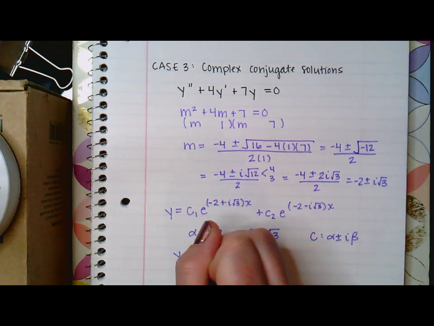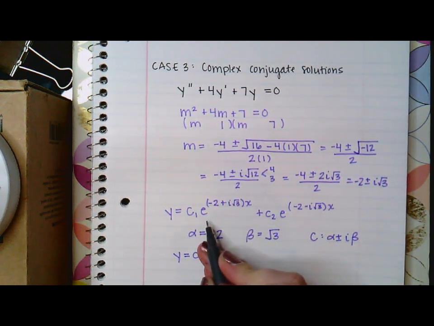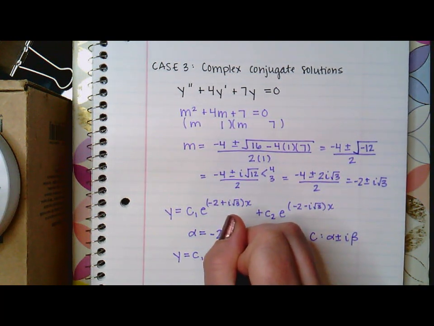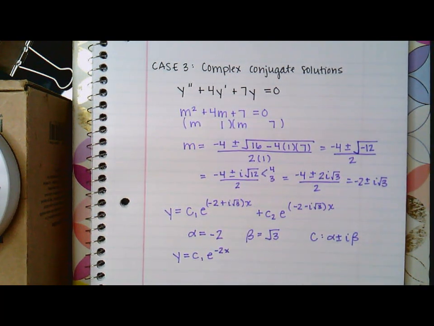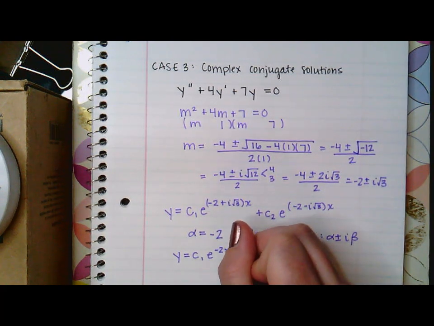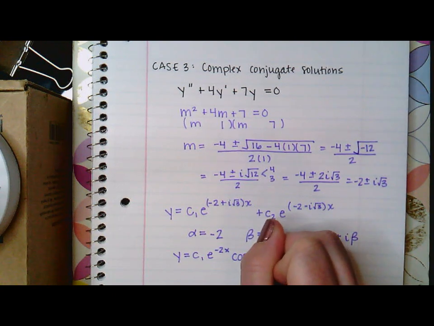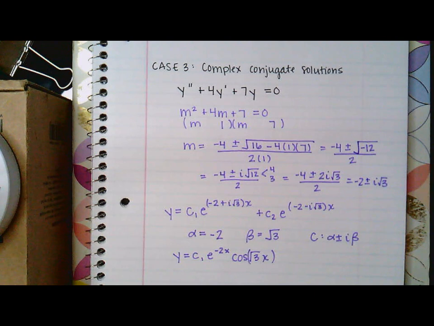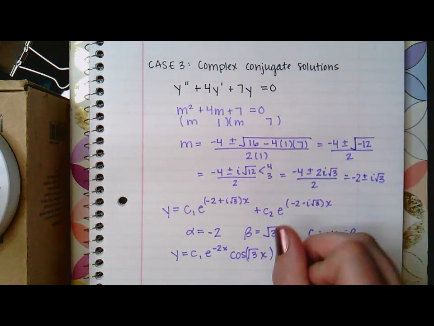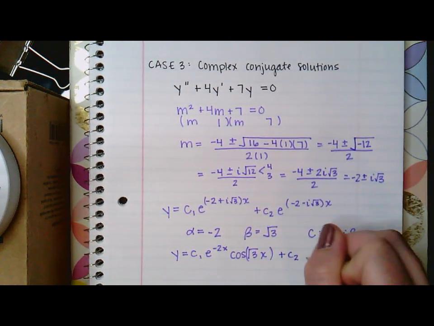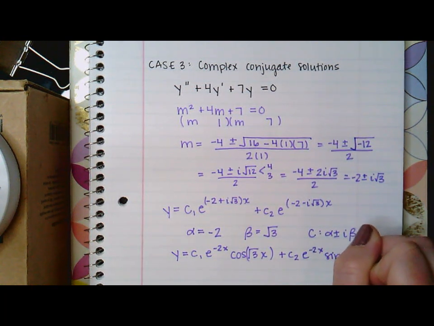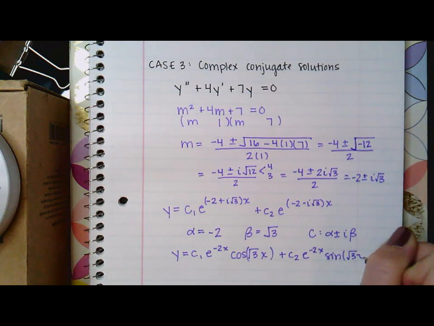And so we could go through and simplify with some trig and some exponential functions, but this is what ends up being the form. So you have e to the alpha x cosine beta x, where that's inside the argument of the trig function, and c2, and then we just switch this to sine.